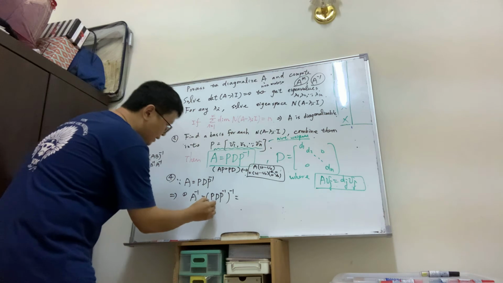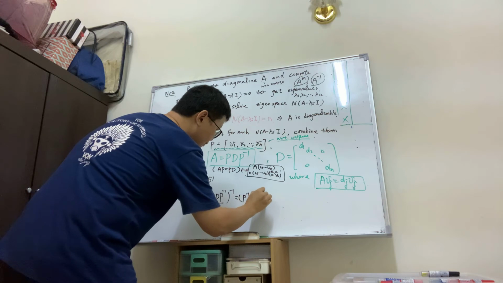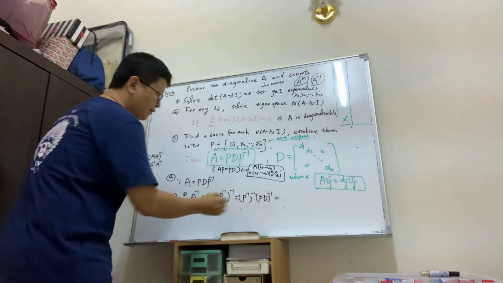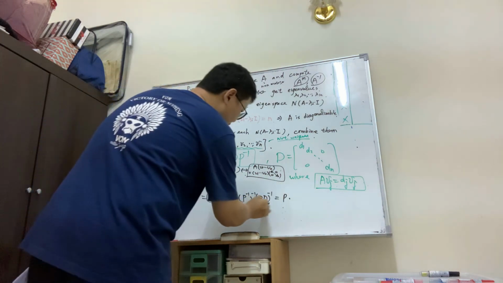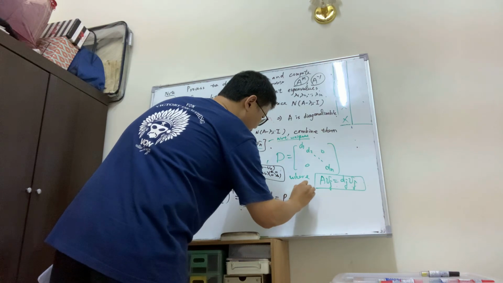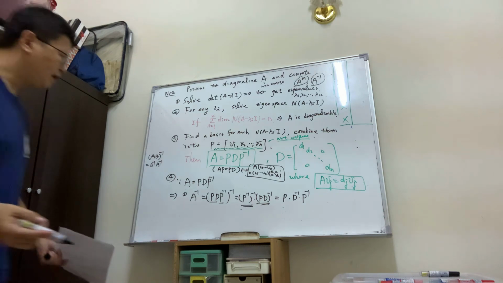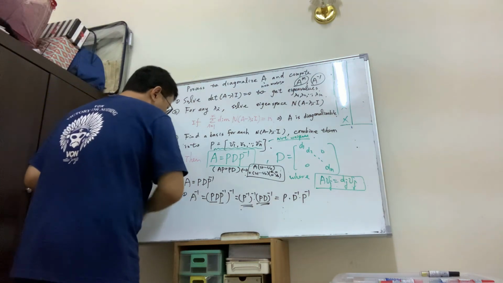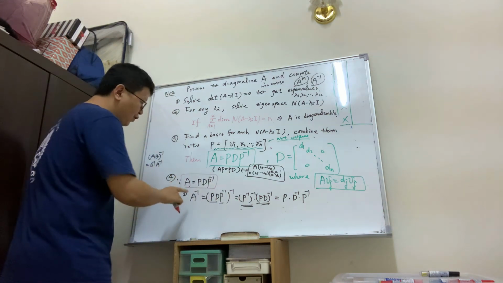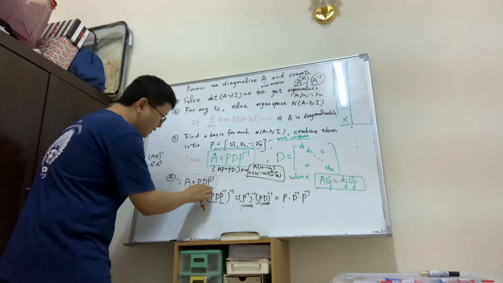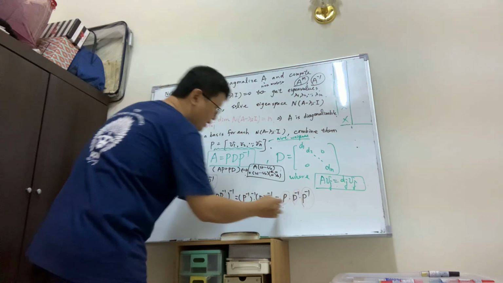So this is P inverse's inverse times the inverse of PD, and the first term, P inverse's inverse, is itself P. The inverse of PD is D inverse times P inverse. So if A is PDP inverse, for its inverse we keep the matrices P and P inverse on the left and right sides, and only invert the diagonal matrix D.